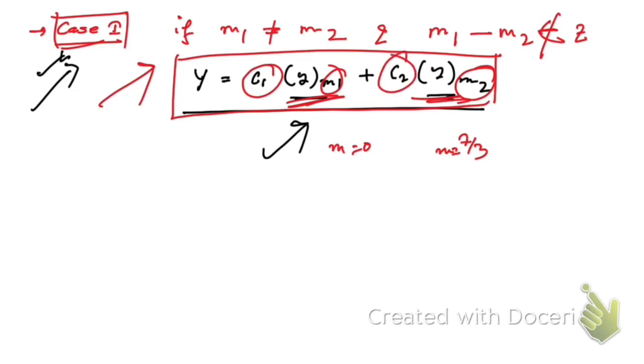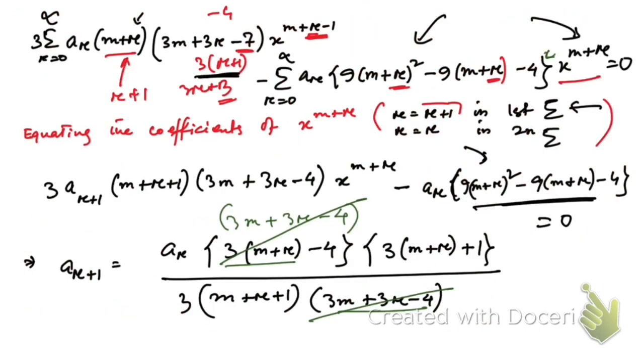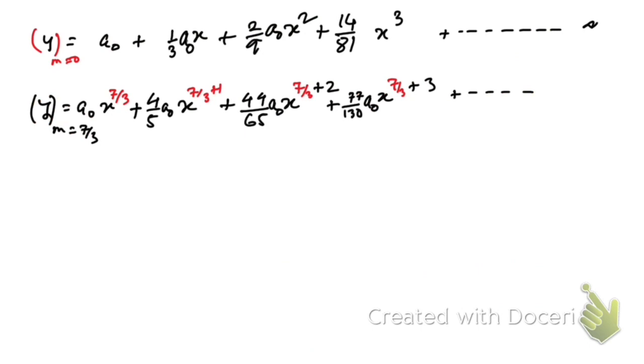So let me go back to the last slide. Therefore y is equal to c1 into y for m equal to 0 plus c2 into y for m equal to 7/3.